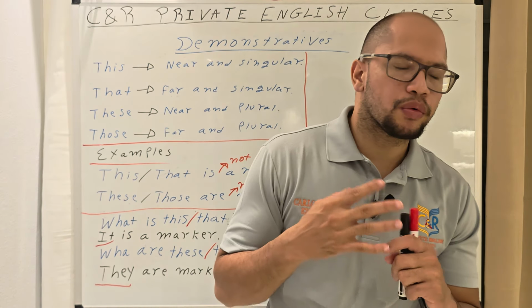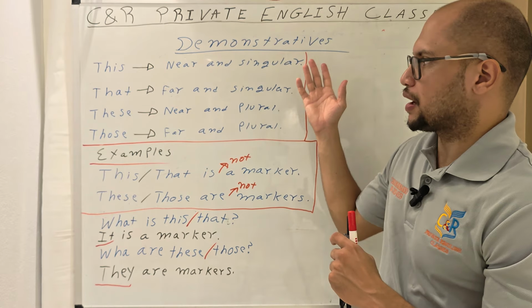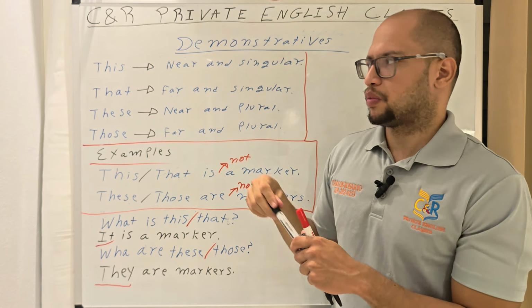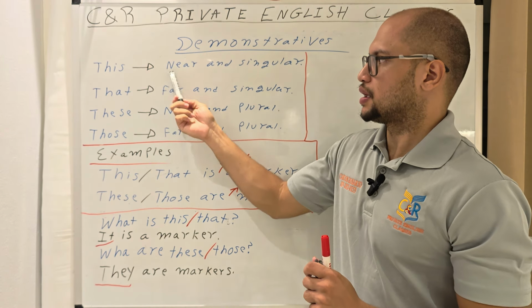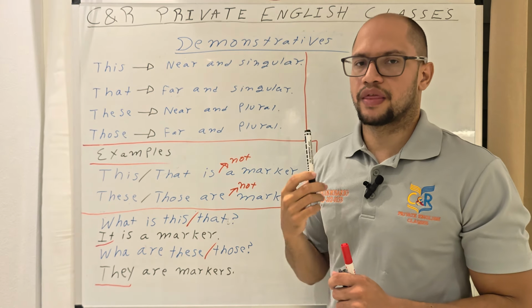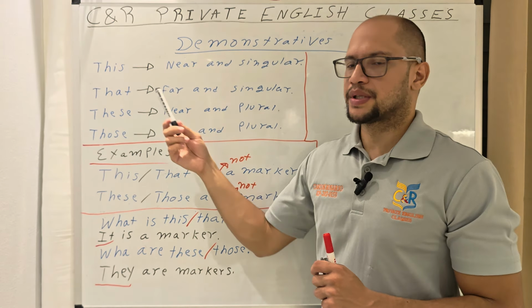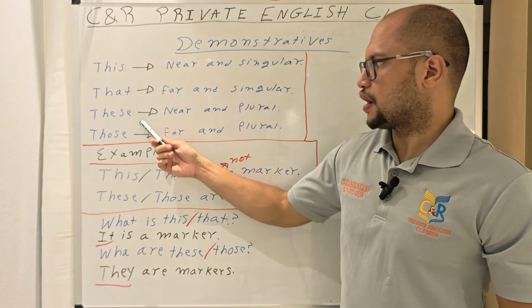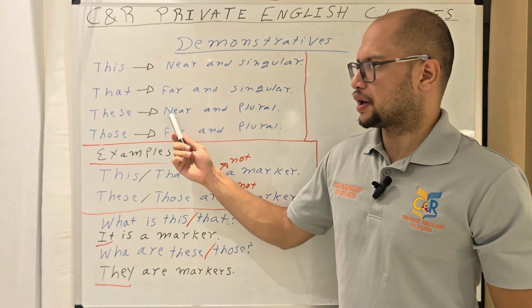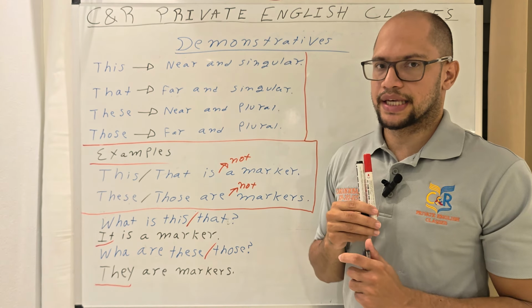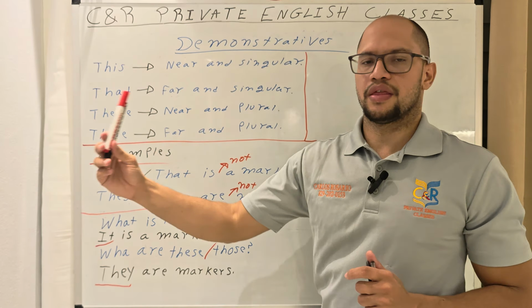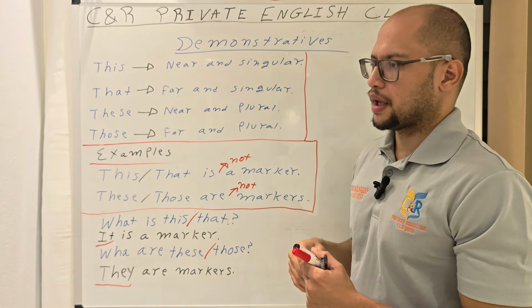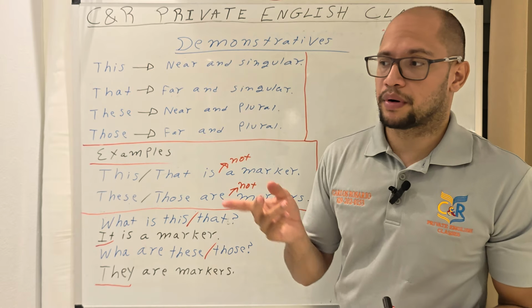So, in other words, we use demonstratives to express this. When an object or a person is near, singular, this. When an object is far, singular, that. When the objects, you refer to them in plural and they are near, these. Far, those. Hey, you can use them for people.